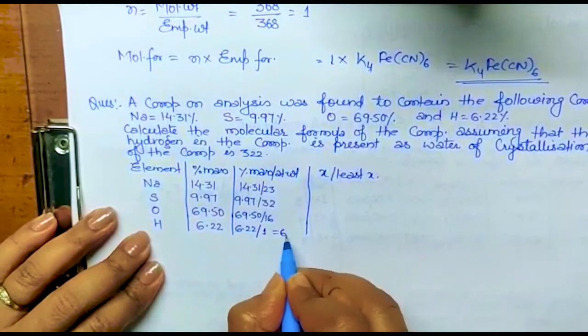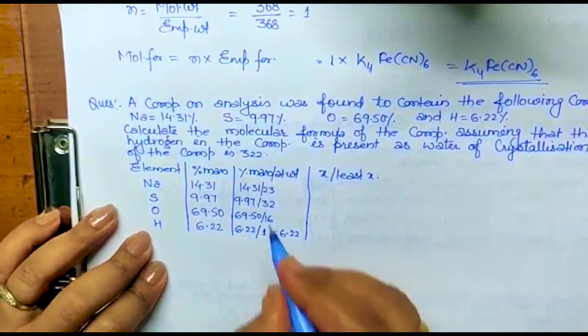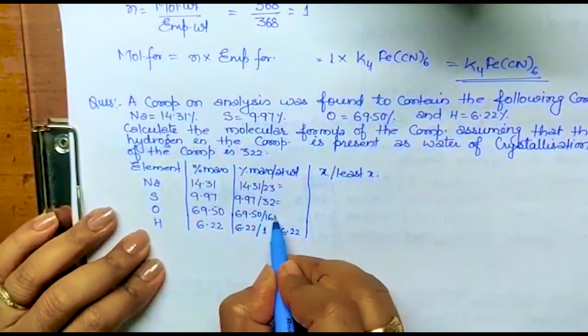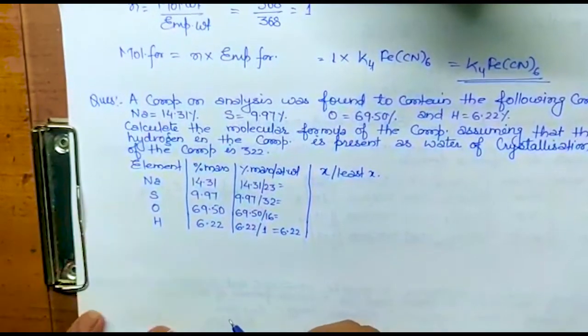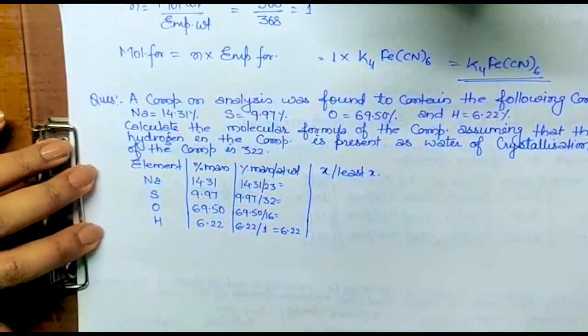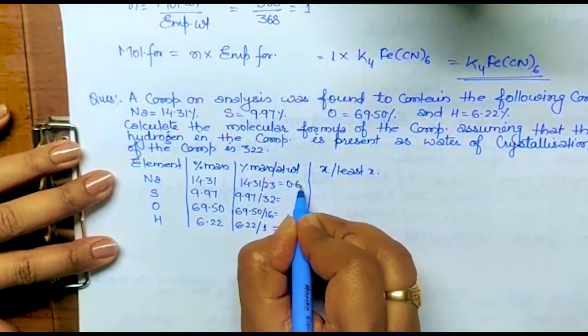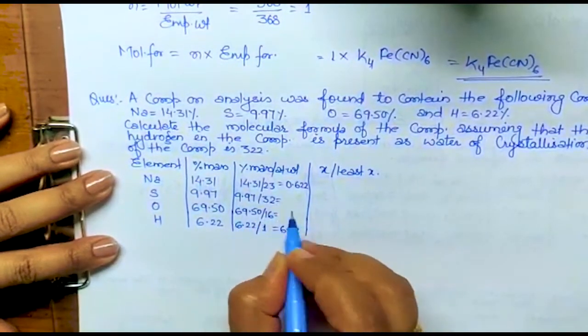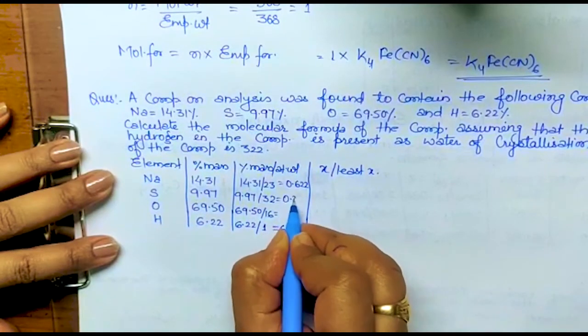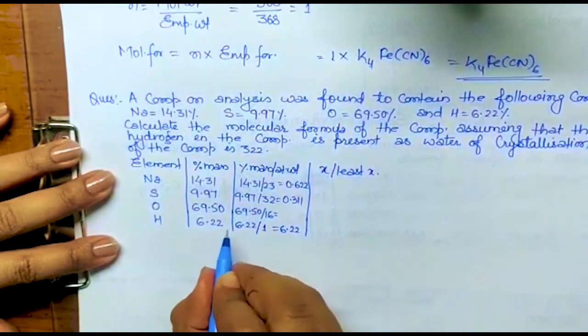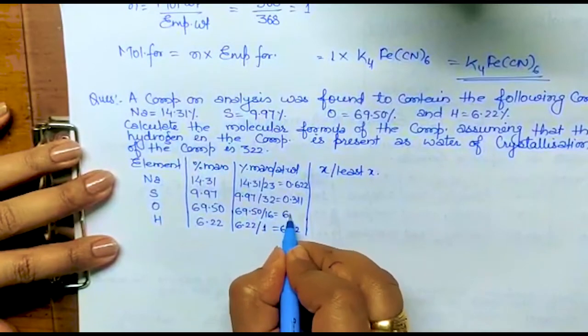So this is quite clear. Let me write this first. Now divide this, divide this, divide this and find the answer. So we are getting 0.622 for this. This one is coming 0.311 and this one is coming 6.22.